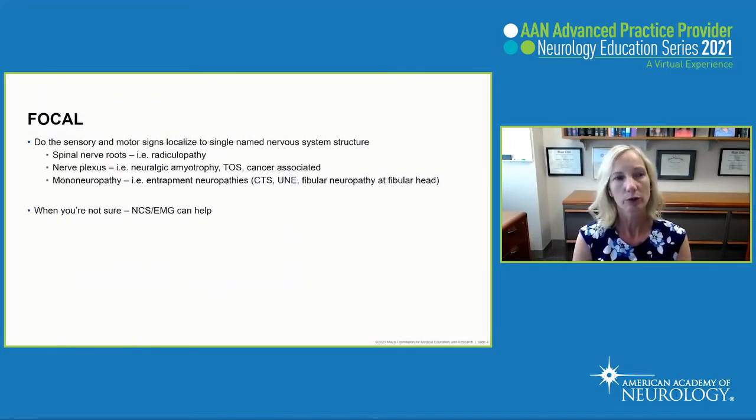Also, one thing that's helpful is determining whether or not the localization is focal, so knowing whether or not the sensory and motor signs are localized to a single named nervous system structure. What I'm really trying to say is that we're trying to differentiate nerve involvement rather than root. One of the things that's sometimes difficult to distinguish is lumbar radiculopathy and peripheral neuropathy, so really trying to see if the findings localize more to one spinal root.